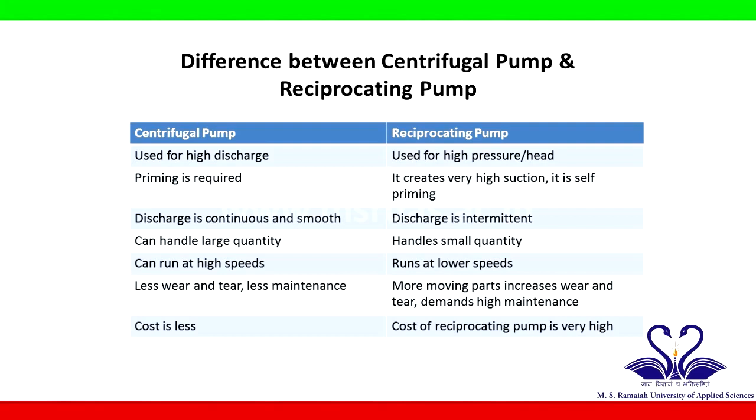In a centrifugal pump, priming is always necessary, but in a reciprocating pump, there is very high suction created at the inlet and hence priming is not required. Discharge in a centrifugal pump is continuous and smooth, but in a reciprocating pump, the discharge is intermittent and fluctuating.